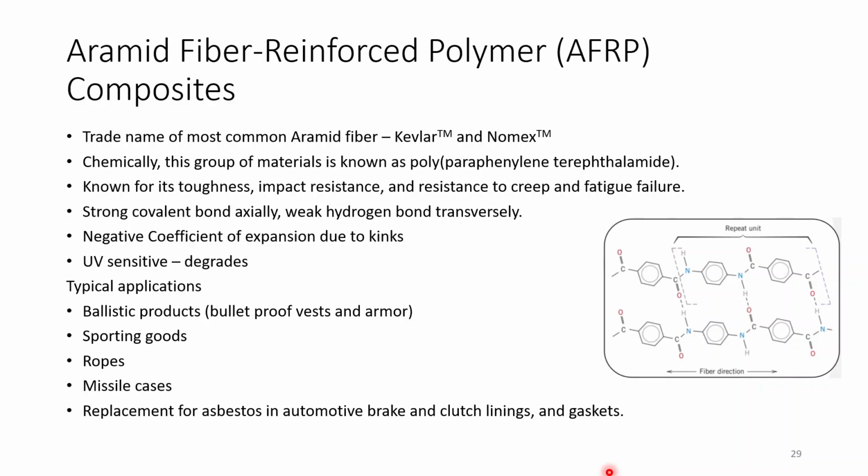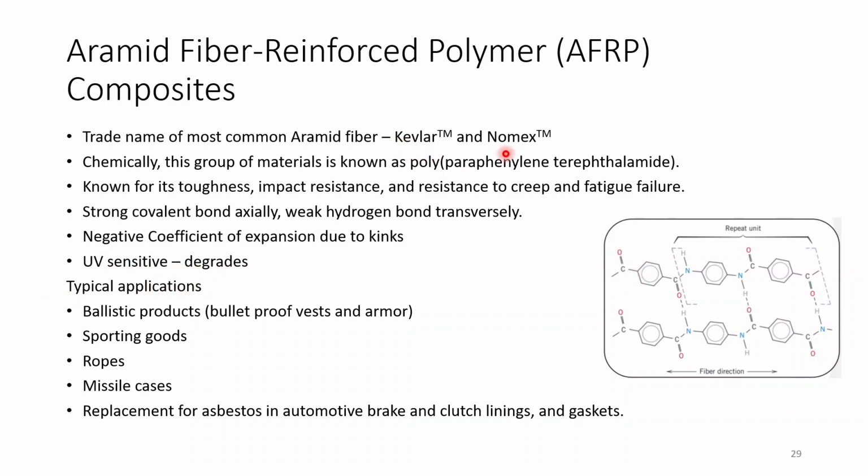It has strong covalent bonds axially, while in the transverse direction it has weak hydrogen bonds, and it has a negative coefficient of expansion due to the presence of kinks, and it is UV sensitive, so if it is left in ultraviolet rays, it starts to degrade.